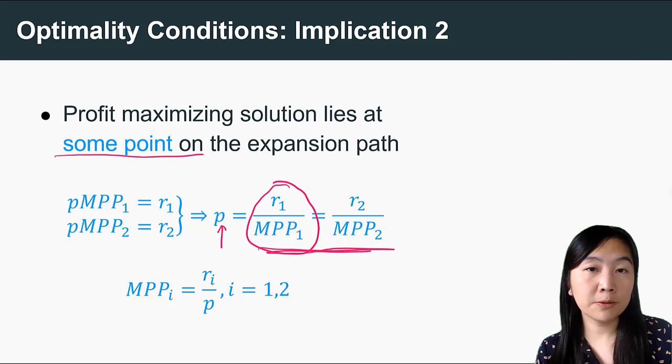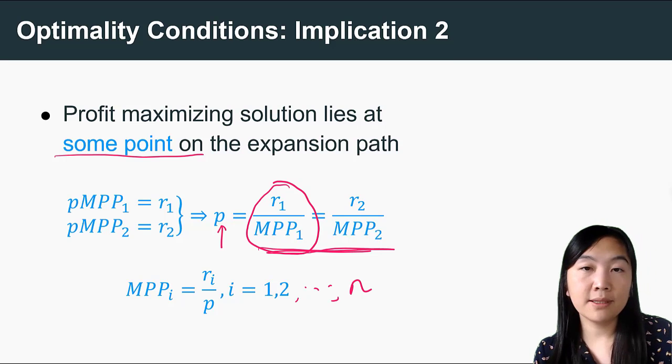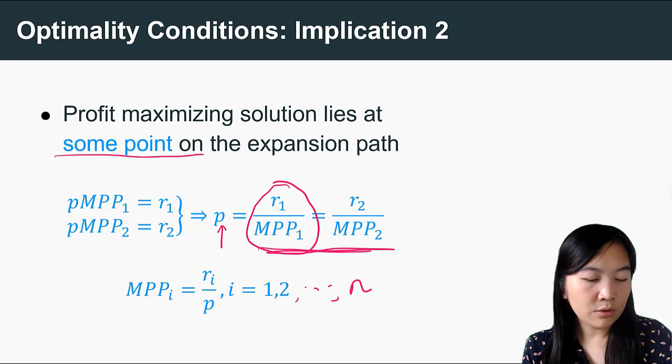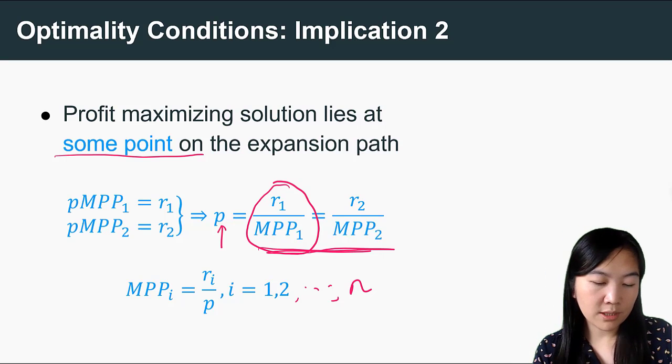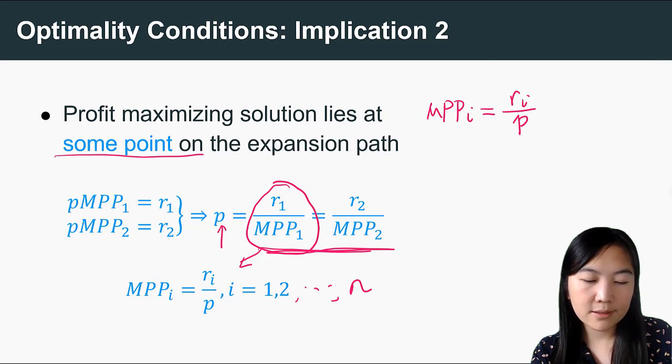If we have multiple inputs, the condition will be the same, but we can write the conditions a little bit differently. We can also write this as MPP_i equal to R_i over output price.